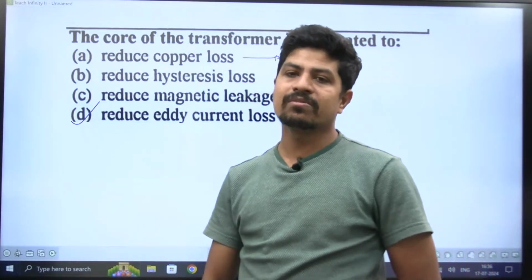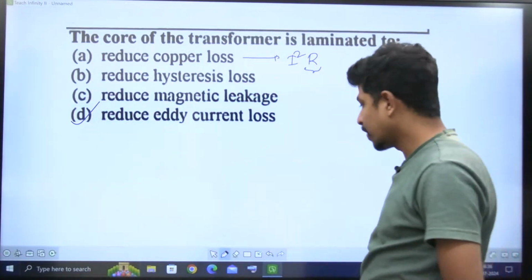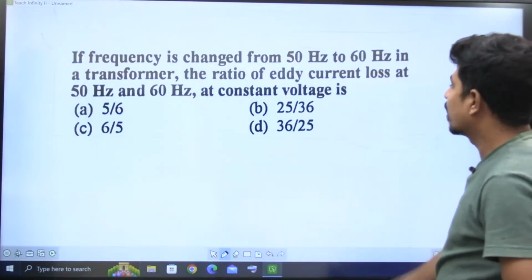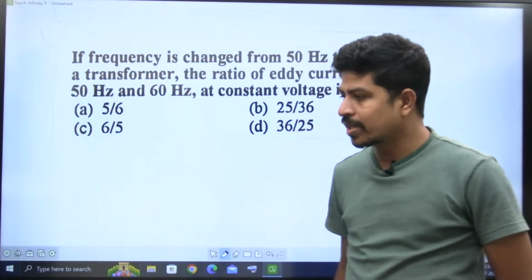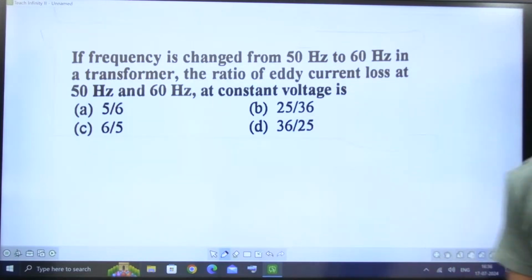All these are previously asked PSU questions. Next question, please. All of you do this question and let me know the answer. This is the numerical. I think only this numerical I have taken. If frequency is changed from 50 Hz to 60 Hz in a transformer, what is the ratio of eddy current losses at 50 Hz and 60 Hz at constant voltage? That fellow is saying that voltage is maintained as constant.